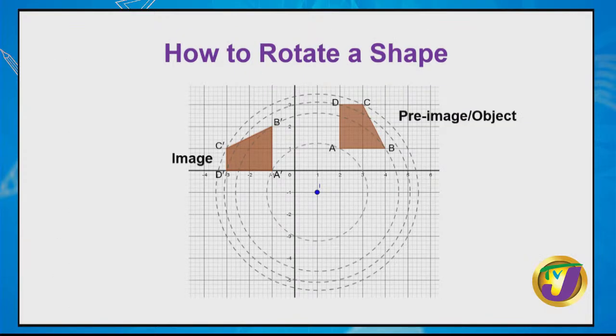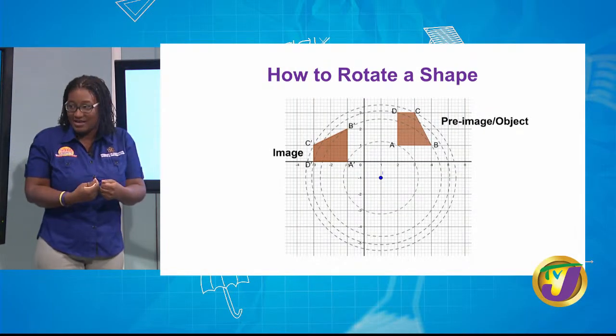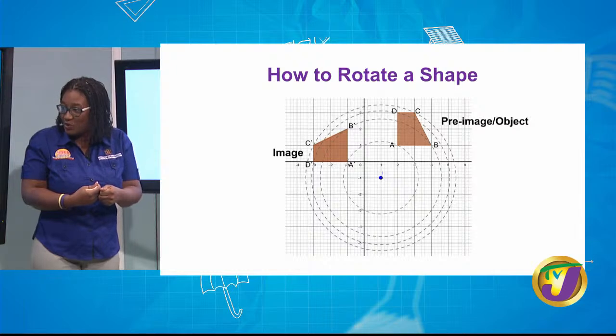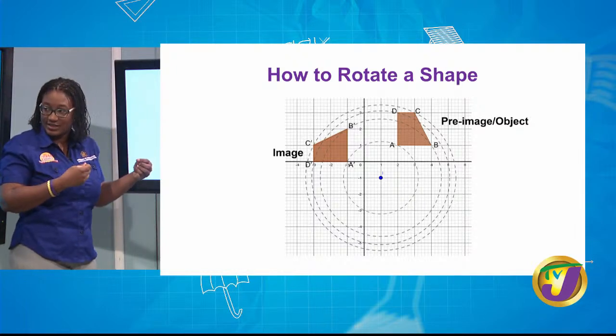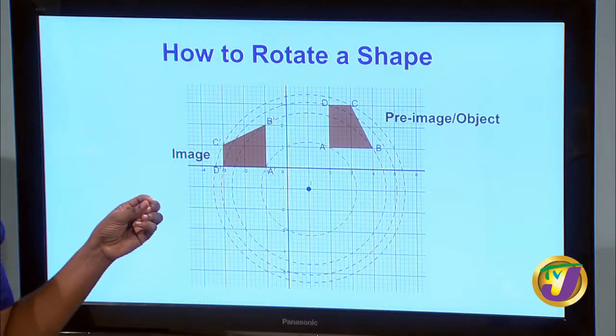All right, so we have here, and I wanted to point out, so earlier we just rotated the point A, but we were asked to rotate the entire trapezium, and so we would have to repeat those steps that we just spoke about for each vertex to see where our image point will now lie. All right?